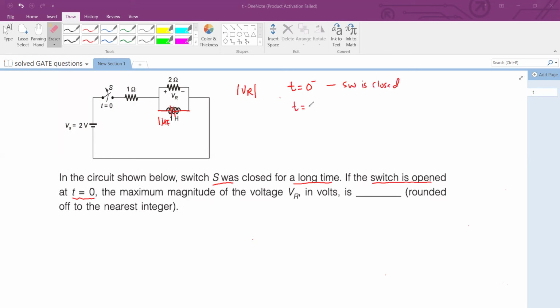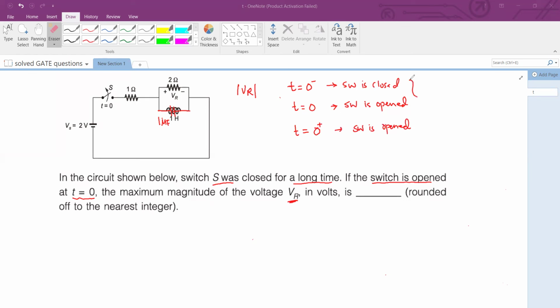Here at t equal to 0, the switch SW is opened, and we are asked to determine the magnitude of the voltage drop across the resistor. So we are basically talking about the condition t equal to 0 plus, where the switch remains open, because we have opened it at t equal to 0.